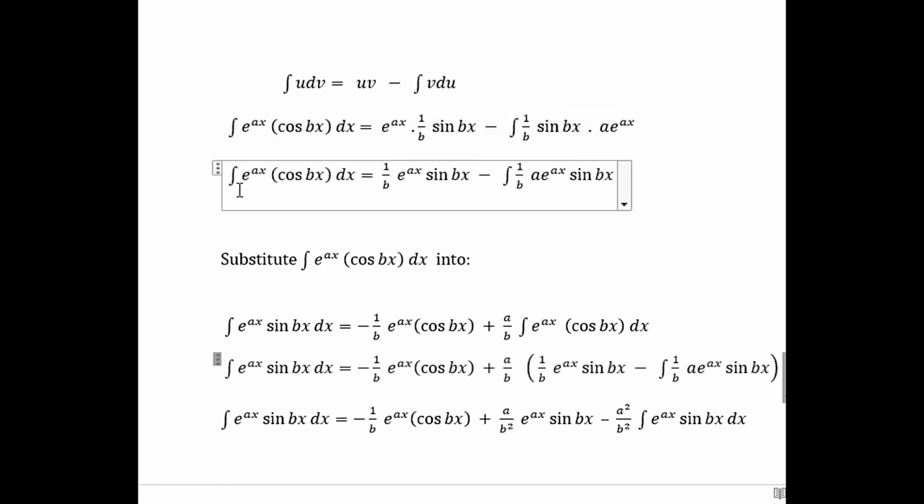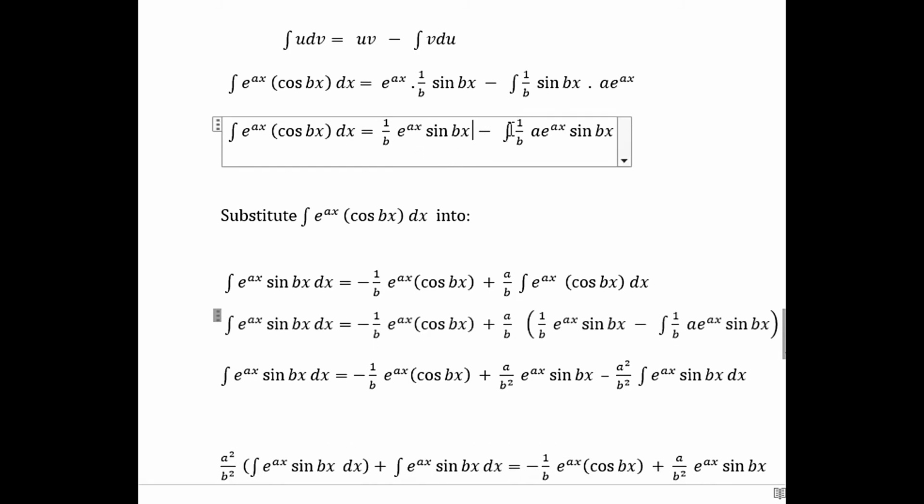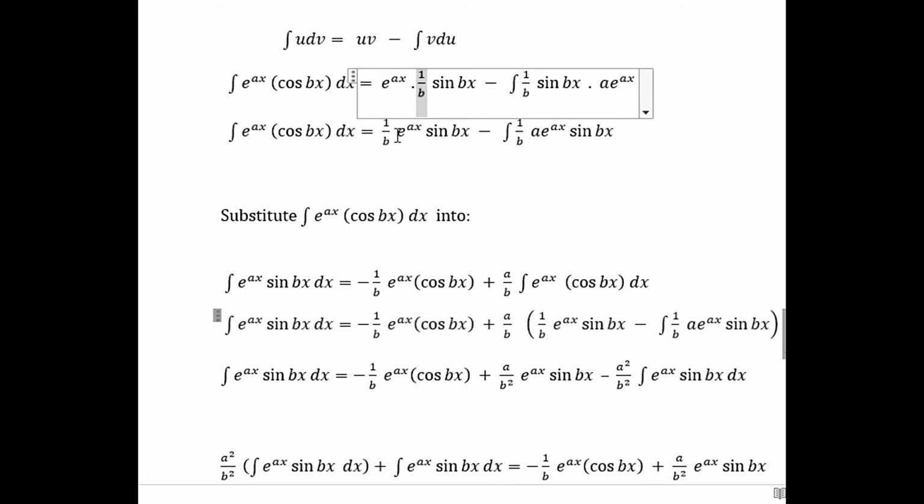Then it equals 1 over b e to the ax sin bx minus the integral of a over b e to the ax sin bx dx. We put this constant up front of the integral, and the same here we put this constant up front.